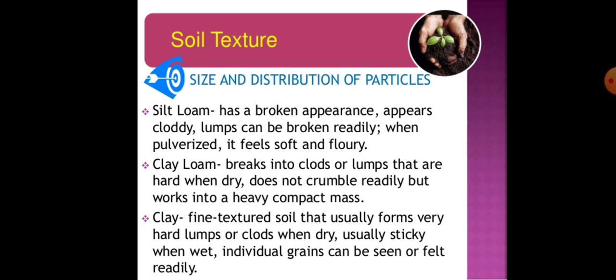Lastly, clay is a fine texture soil that usually forms very hard lumps or clods when dry, usually sticky when wet. Individual grains can be seen or felt readily. So these are the three types of soils and their texture, size and distribution of particles.